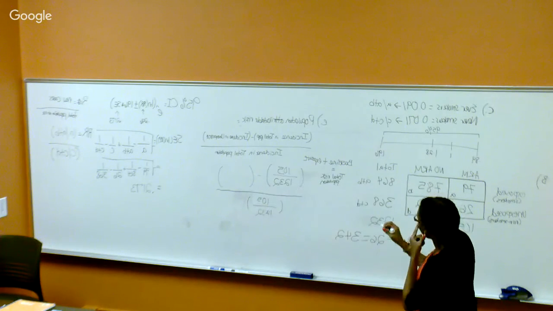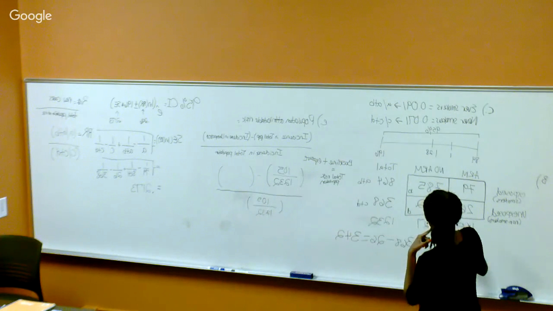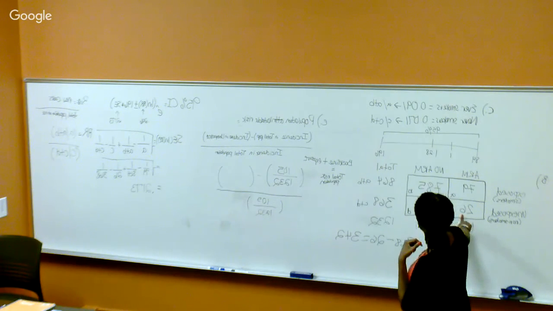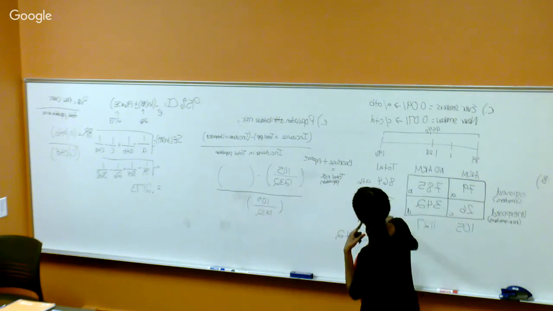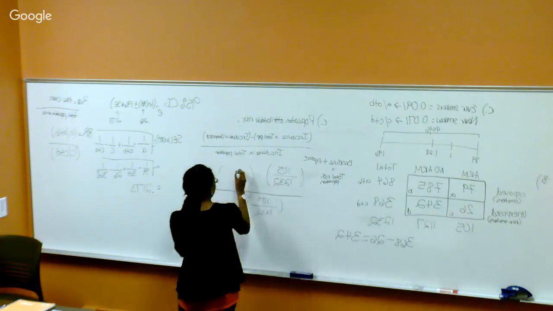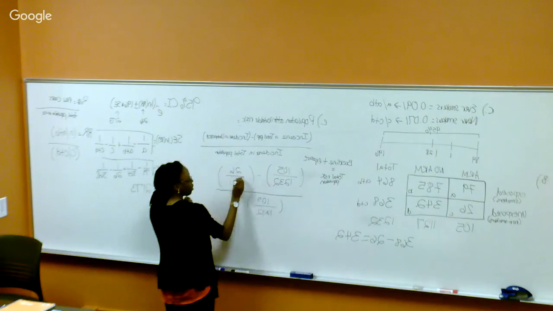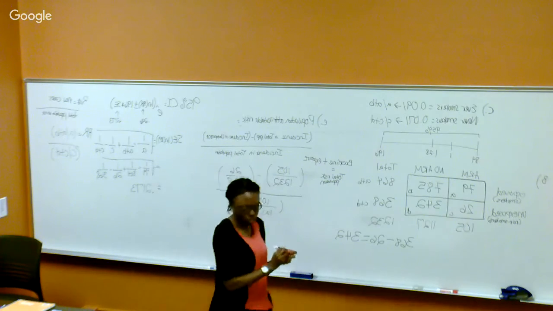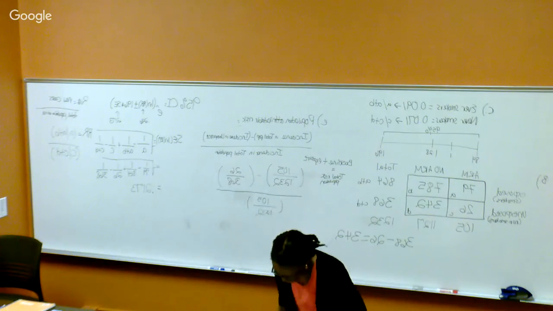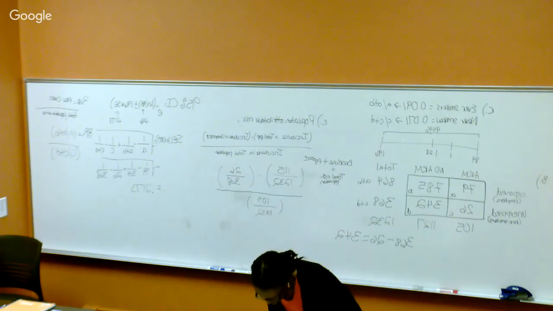So the incidence in the unexposed, we said was 26 out of 368, so that comes out to 0.071.